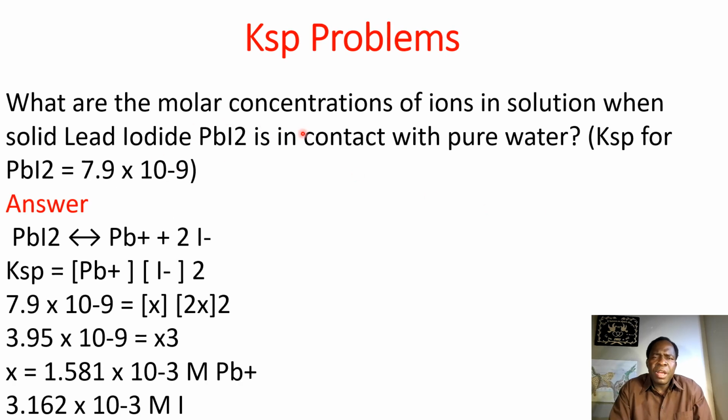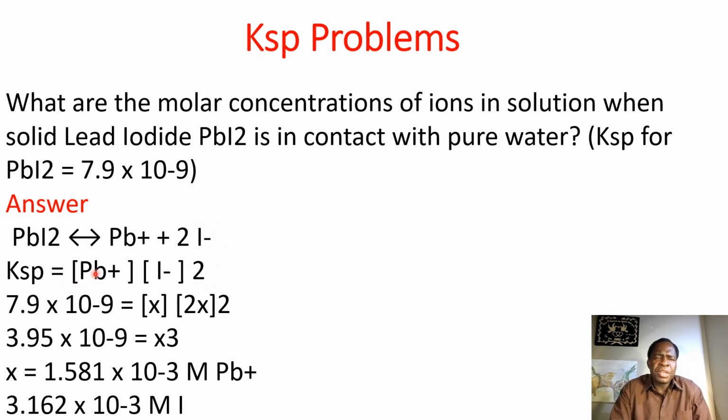What are the molar concentrations of ions in solution when solid lead iodide is in contact with pure water? Lead iodide will dissociate in water into lead ion plus iodide ion.